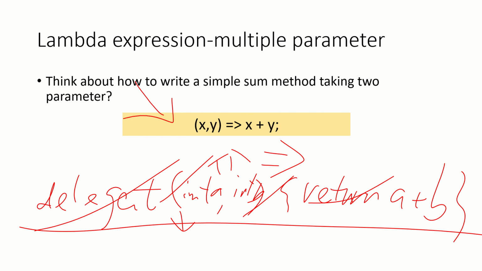You know the delegate, then you know the anonymous method, then you know the short version of anonymous method using the lambda expression, right? Delete the delegate, delete the data type, only return the method body. Delete return.